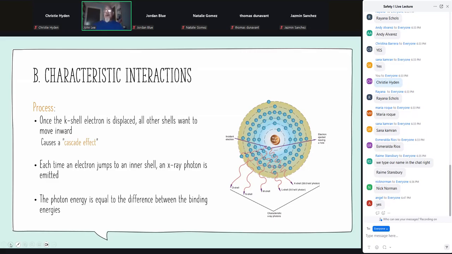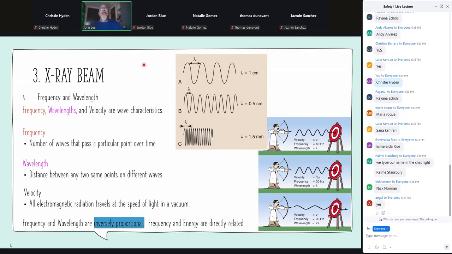So once an X-ray is produced, there are some characteristics that we need to look over. Remember that an X-ray itself is a photon. We refer to them as photons, and a photon is defined as a discrete bundle of energy which has no mass and has no charge.